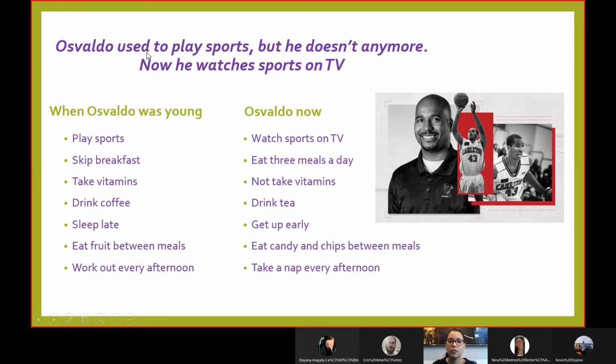Osvaldo used to play sports, but he doesn't anymore. Now he watches sports on TV. Okay. So what are you going to do? You're going to look at the two columns here. When Osvaldo was young, and here you have a list of activities he used to do, and Osvaldo now is a list of activities he does at the present.